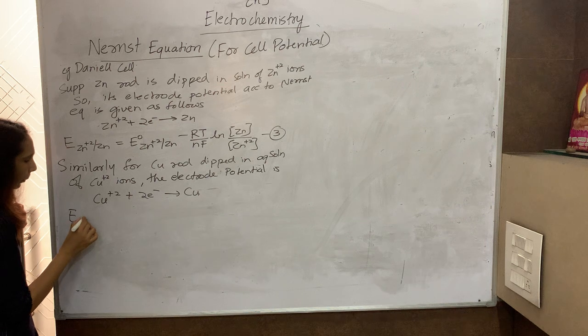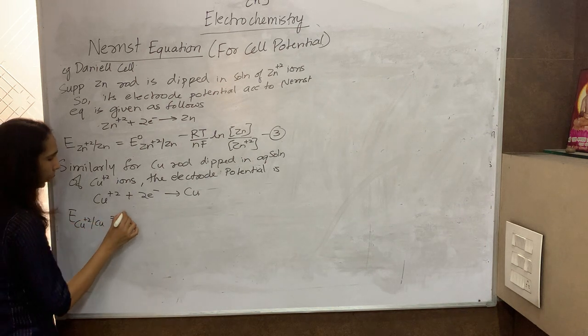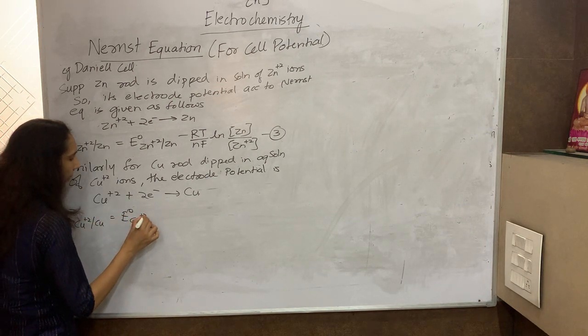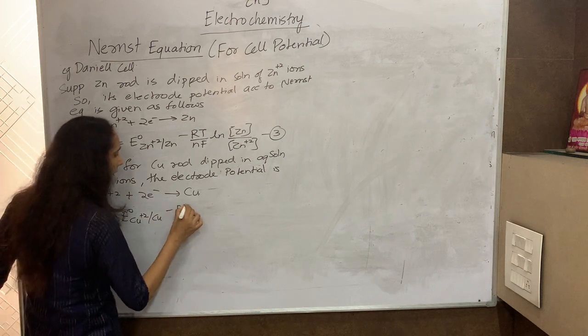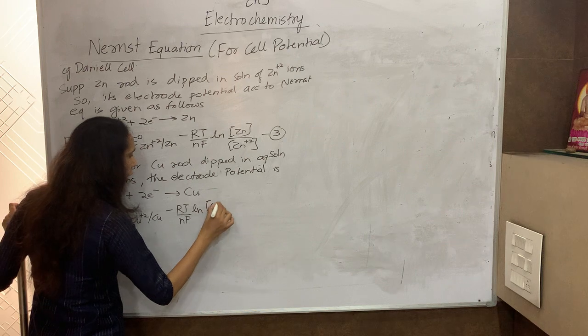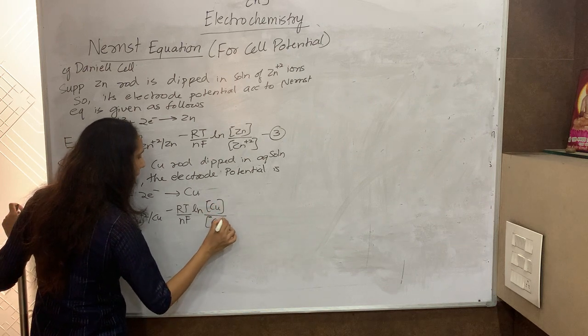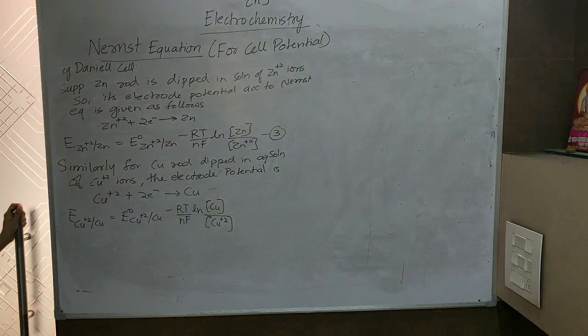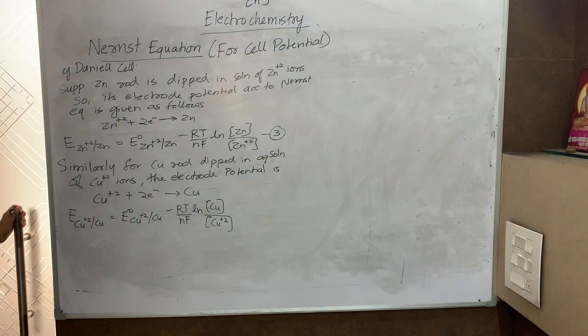Electrode potential for copper is equal to E naught Cu plus 2 Cu minus RT upon NF ln Cu upon Cu plus 2. This is the equation. We have written the Nernst equation for both of them. This is third and fourth.